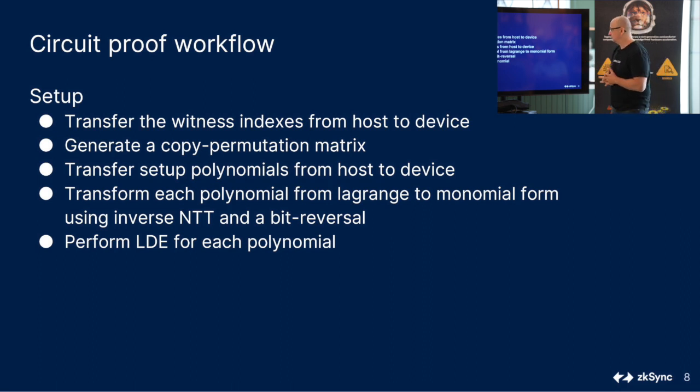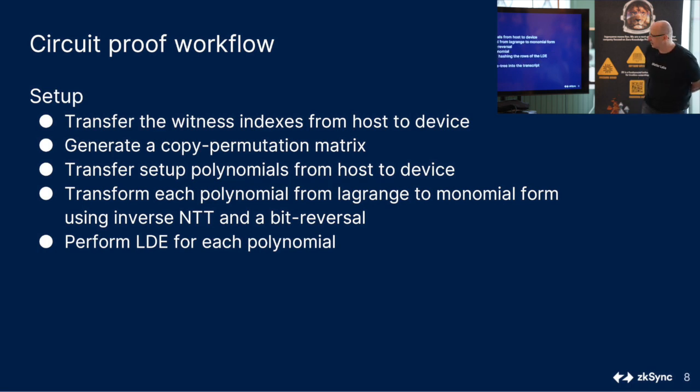So we do some transformation using NTTs, like inverse NTT and bit reversal. They come in Lagrange form, but we transform them to monomial, and then do LDEs on them. The degree of the LDE depends basically on the blow-up factor for FRI and for quotienting. So this is all cached.